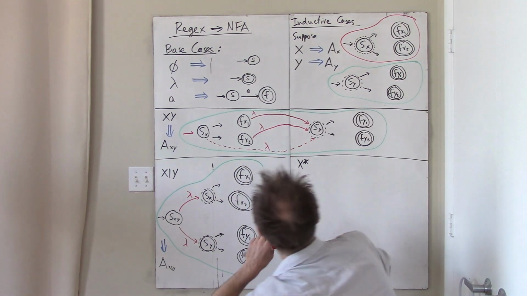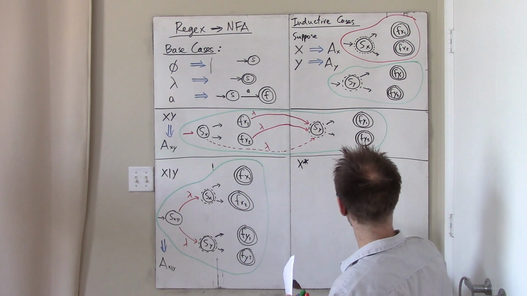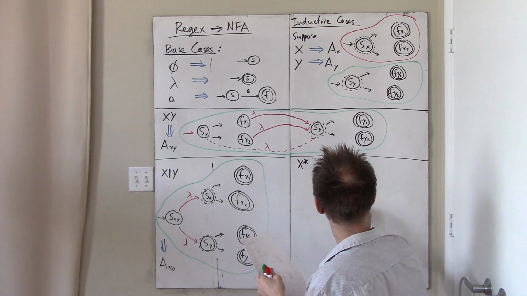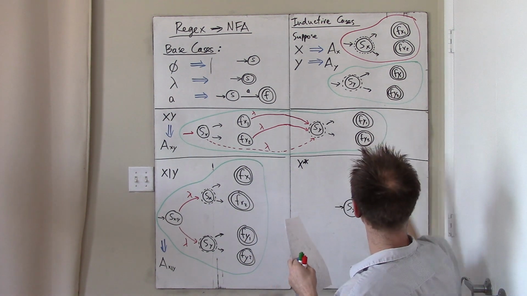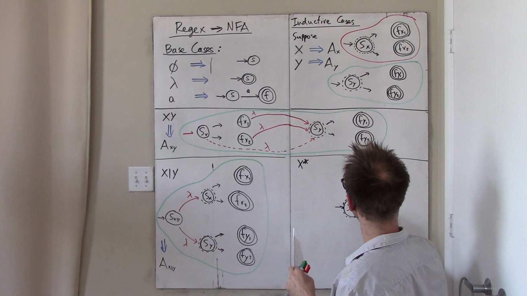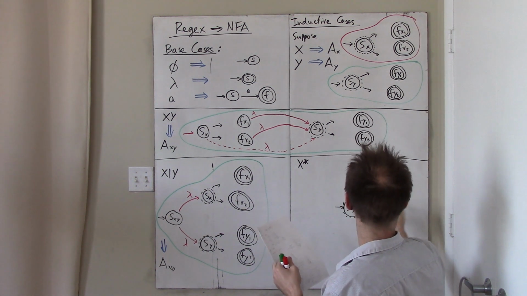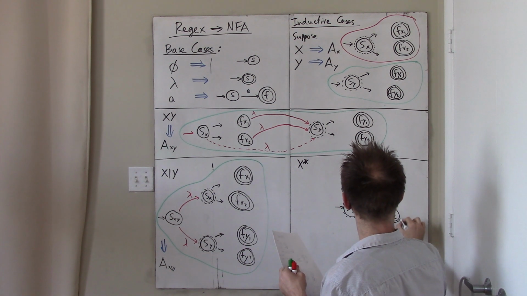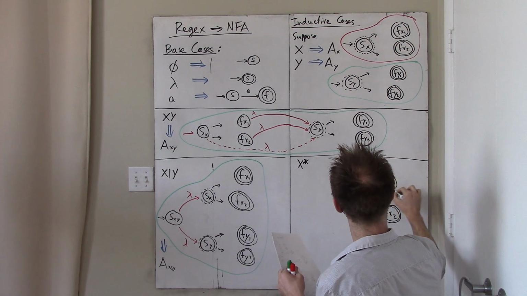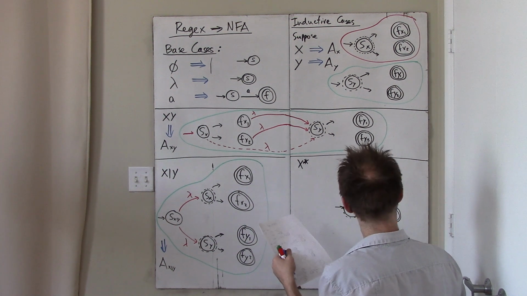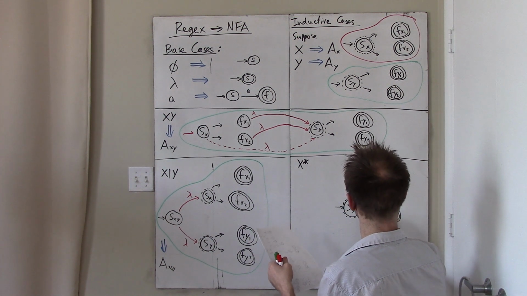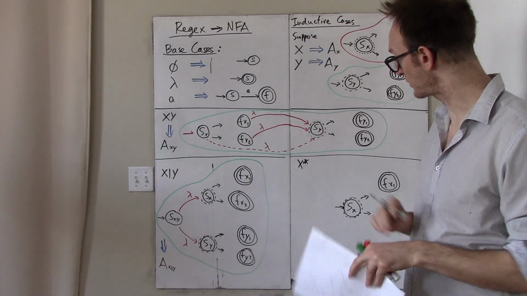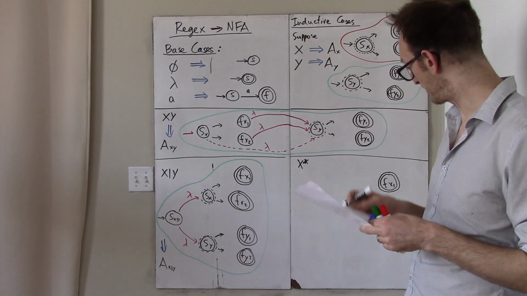Okay, what do we do? Once again, I begin my algorithm with this machine Ax, which looks like this, and has fx1, and there are things and so on. So how do I convert this machine into the x star machine? We do as follows.